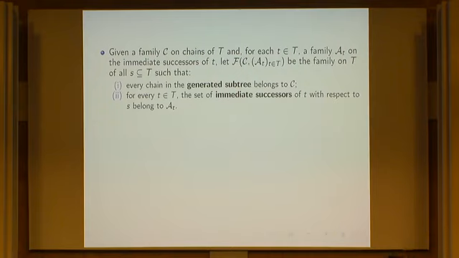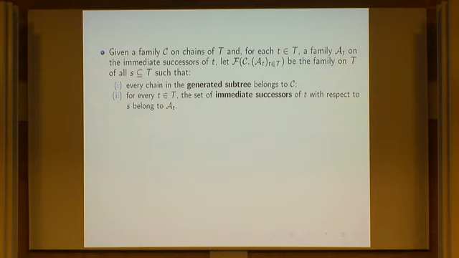And the tree may have other branches, but since I don't have S in the other branches, this is the generated subtree, the tree generated by S. And this is the subtree I am considering.